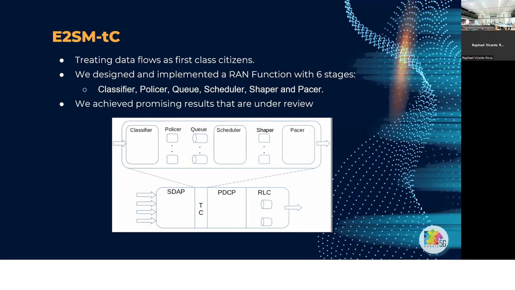Our dream, and what we are targeting, is a work we already did, still under review, where we want to treat data flows as first citizens in the 5G network. Today they are not treated as first citizens. The data flows come in at the SDAP, but there is no queuing system to manage them as a flow, not as a PDU, the same as an SDN switch can do.